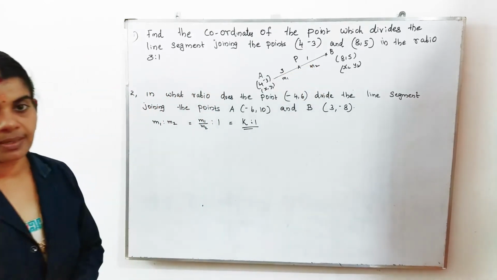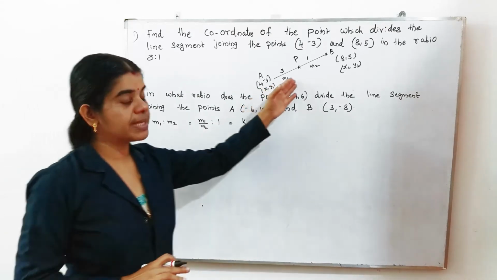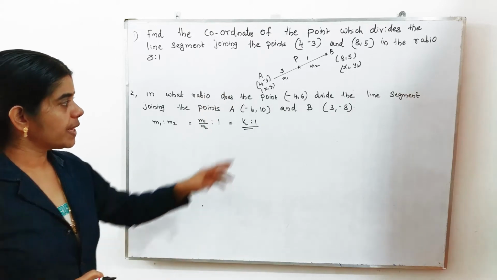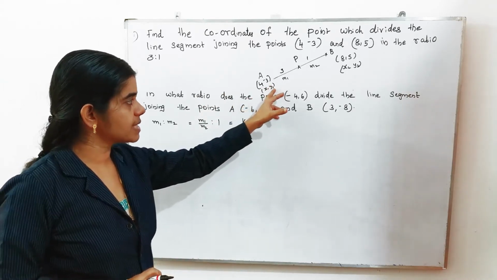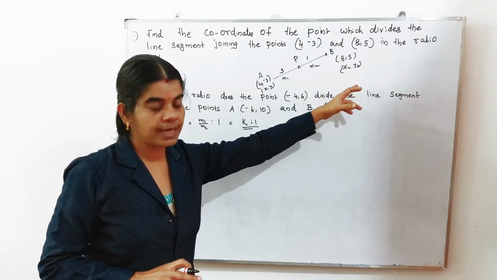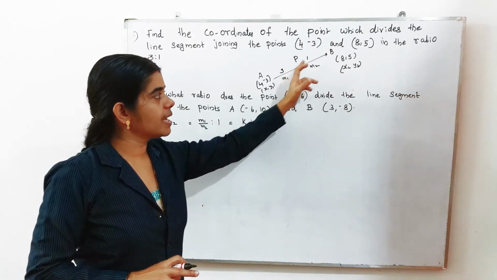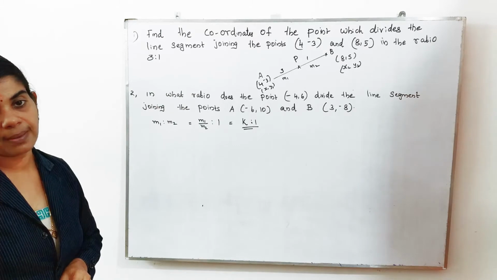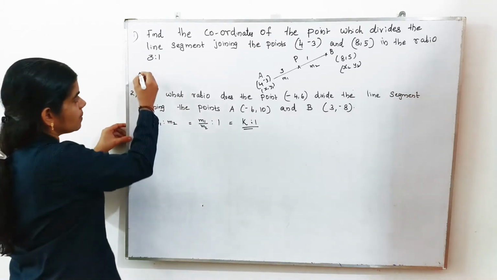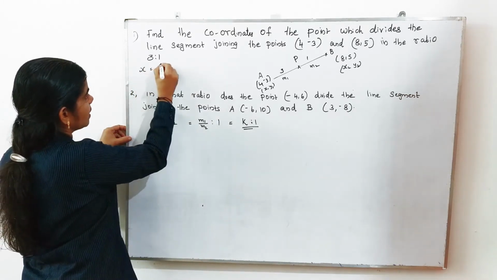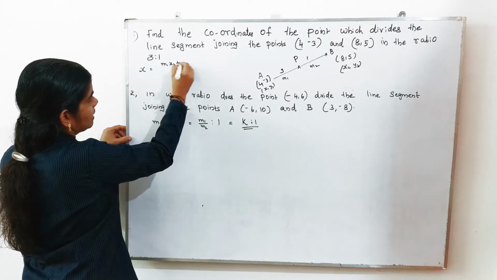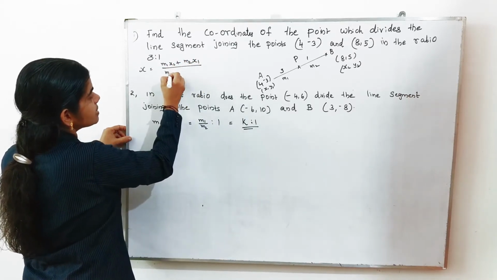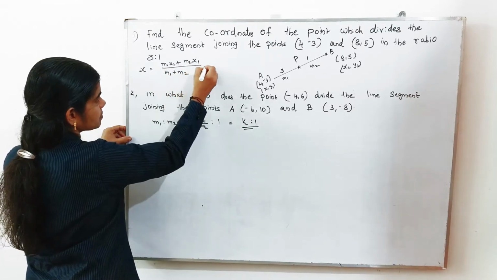This is our question. In this type of question, if you draw the diagram or line segment, it will be easy for you. So x1, y1 is (4, -3), x2, y2 is (8, 5), m1, m2 is 3 and 1, that is 3:1. You want to find the coordinates of P. For the x coordinate, you already know that x is equal to (m1 x2 + m2 x1)/(m1 + m2).